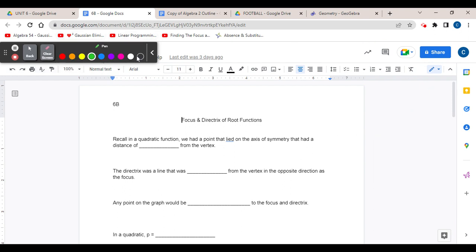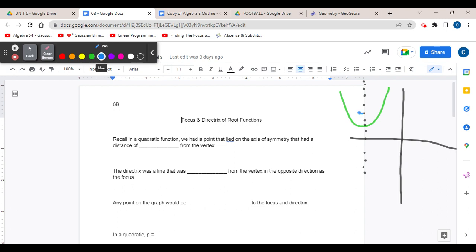Let's redraw it. So we had a parabola like this. Okay. And there was an axis of symmetry that goes down every parabola. Okay. And on that axis of symmetry, we had a point that was called the focus.